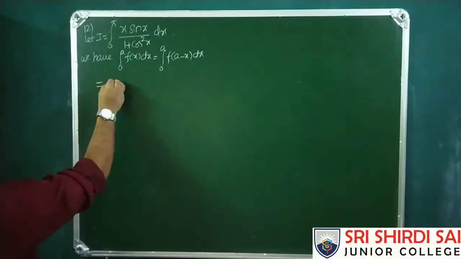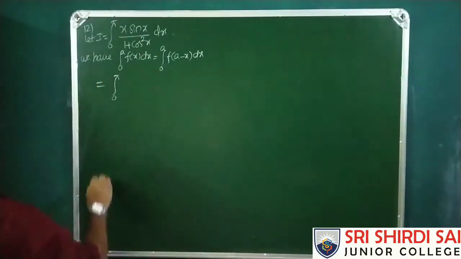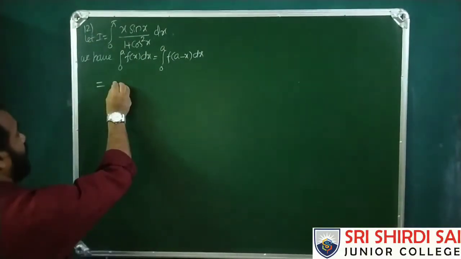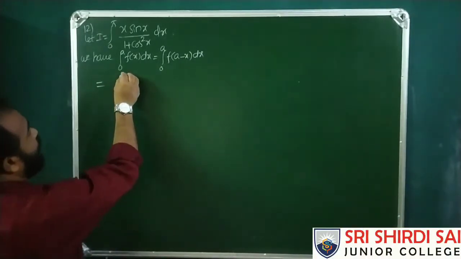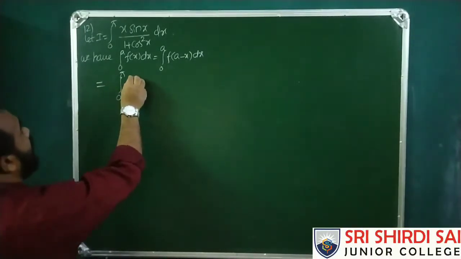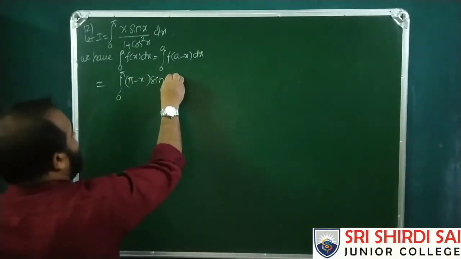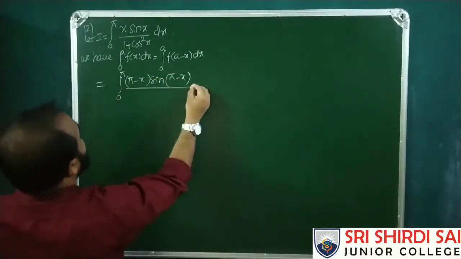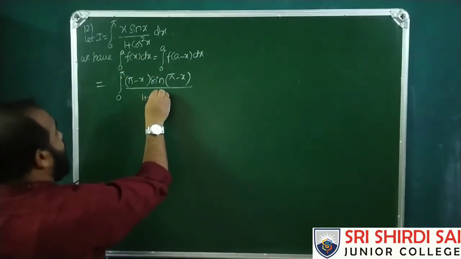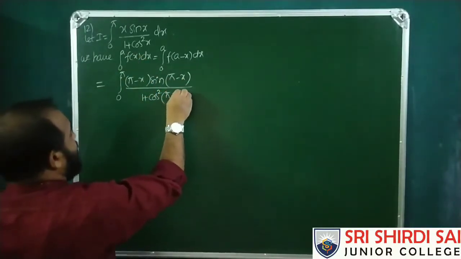So using this property, integral 0 to pi, in this is equals to 0 to pi minus x sin pi minus x by 1 plus cos square pi minus x dx.